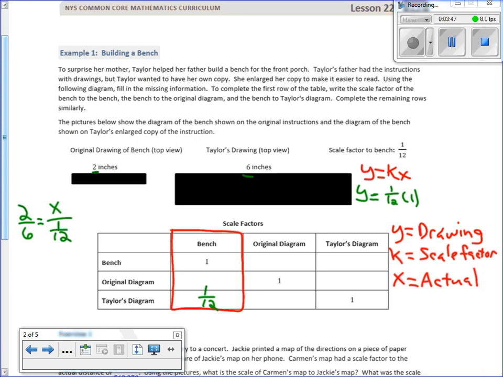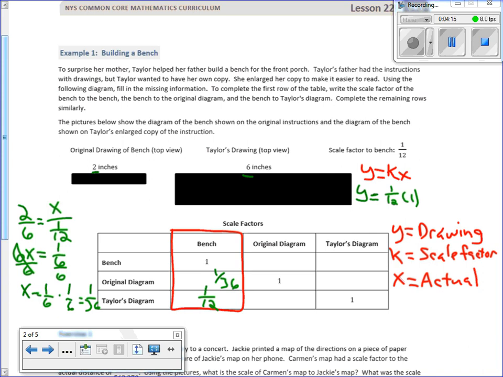And if I cross multiply, I get 6x equals 1/6. Divide both sides by 6, and I get x equals 1/6 times 1/6 instead of divided by, and I get 1/36.